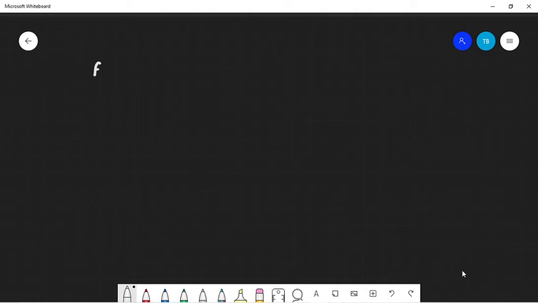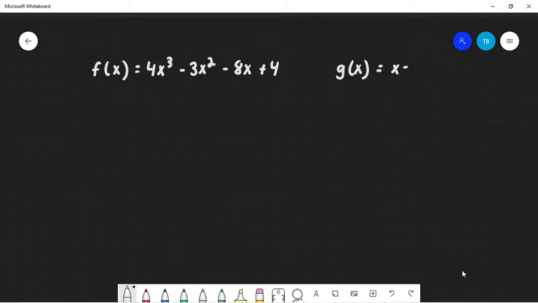We'll do f of x equals 4x cubed minus 3x squared minus 8x plus 4, and we'll say we're dividing by g of x, which is x minus 2.